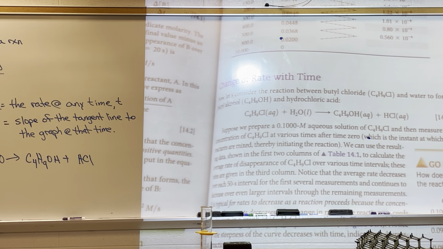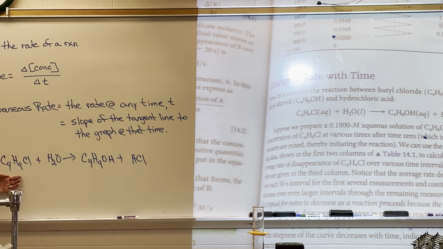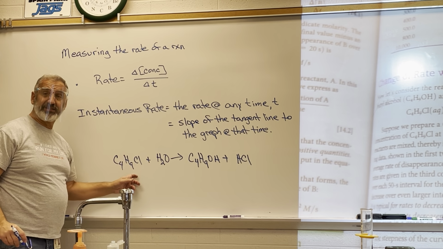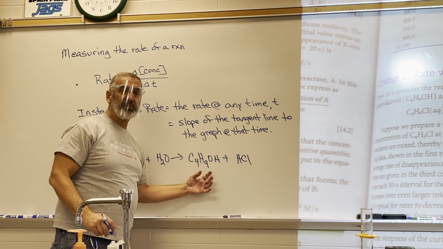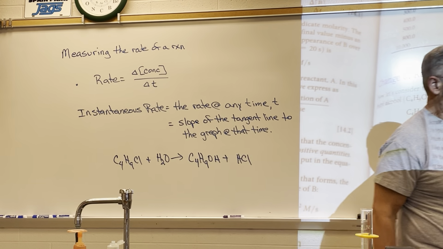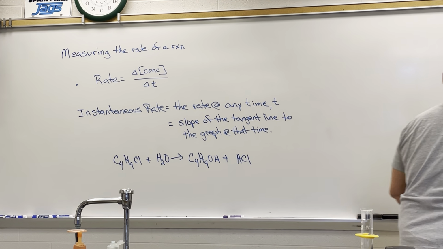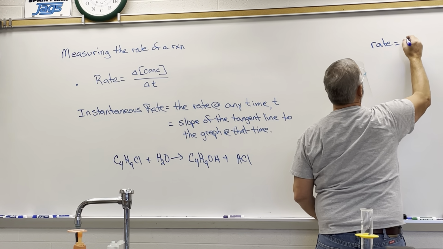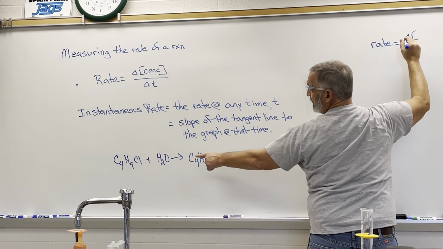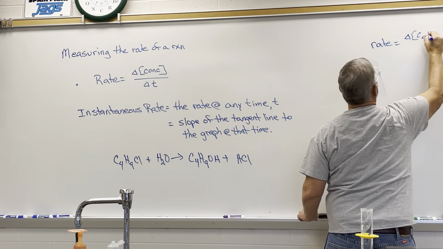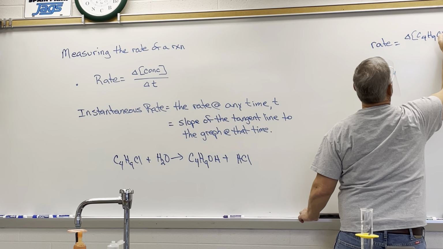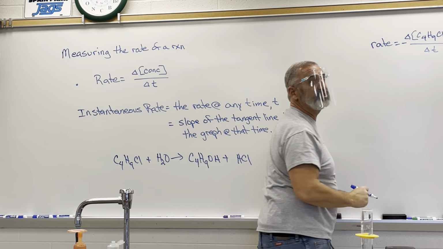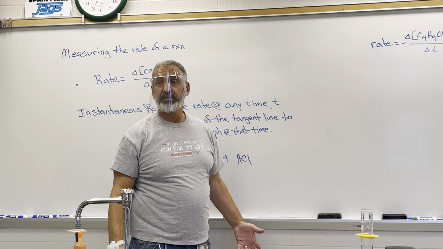So when we want to write a rate law for this, I'm going to have to pick either the rate of disappearance of one of the reactants or the rate of formation of one of the products. So I can say that the rate of my reaction is going to equal the negative change in concentration of C4H9Cl over the change in time, negative because the concentration is going down.